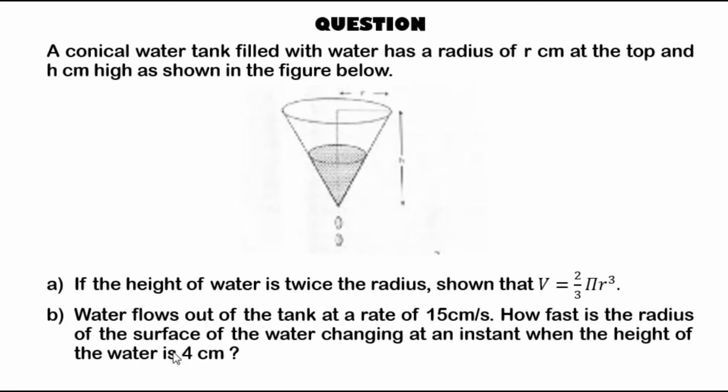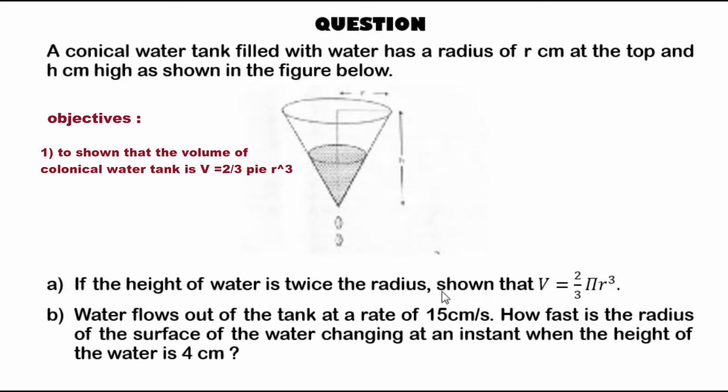How fast is the radius of the surface of the water changing at an instant when the height of the water is 4 cm? So, the objective of the problem is first to show that the volume of the cone is V equals 2 over 3 pi r cubed, and second, to find how fast the radius of the surface of the water is changing.